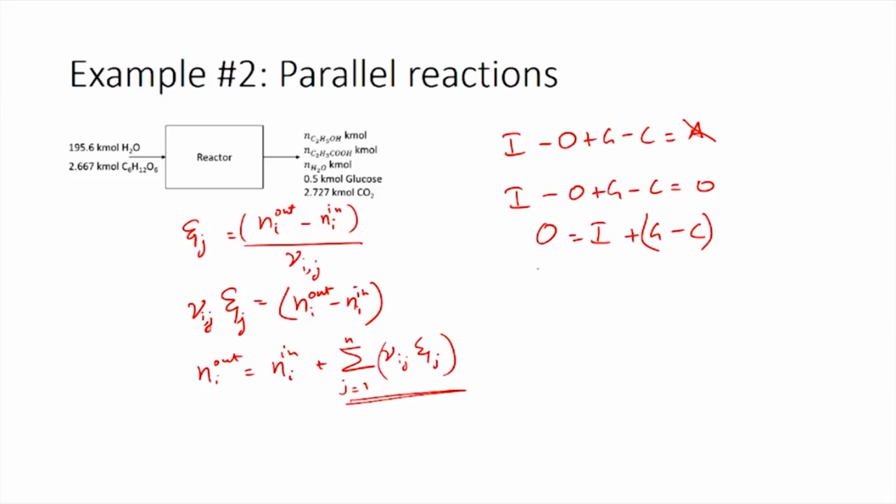So, thereby we write this out as Ni out, in as Ni in, and that is the input, and you have the term generation minus consumption, which is represented by the summation of all the reactions times the stoichiometric coefficient of the component for that particular reaction times the extent of reaction for the particular reaction.